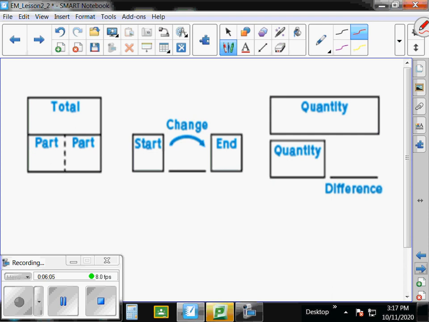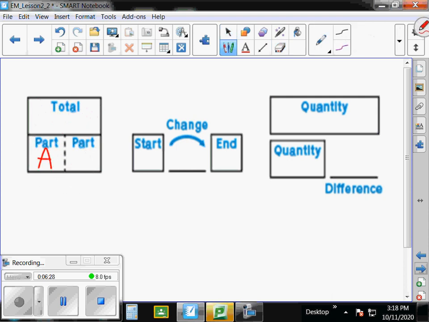I call this the part-part total model. Okay, and think about what this one is. That's with if you have part of it over here and part of it over here, what are you going to do to get the total? Well, these two parts equal your total, right? So this is one of those things where I'm just going to pretend I'm going to use letters.